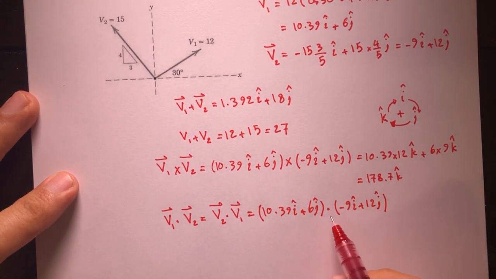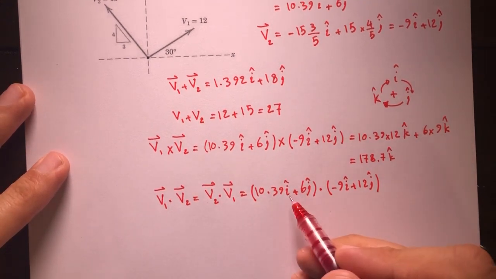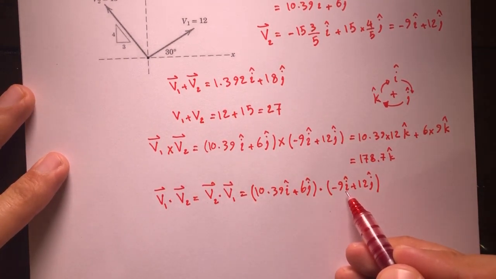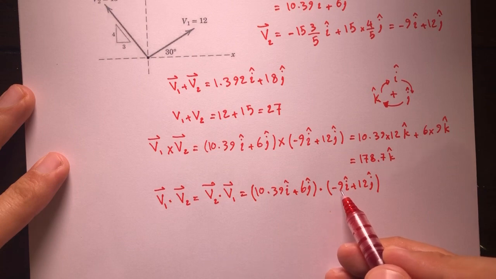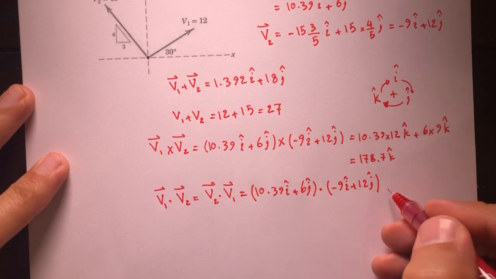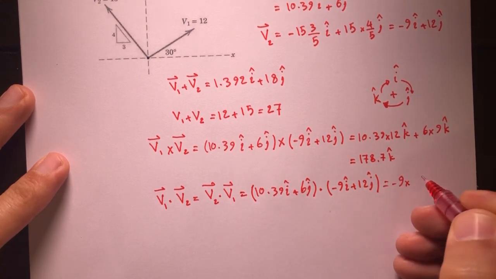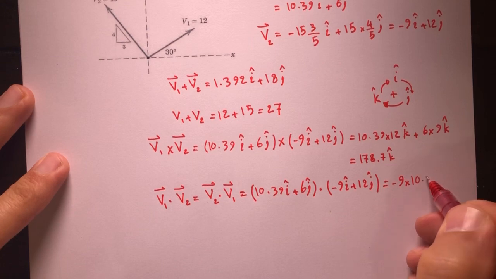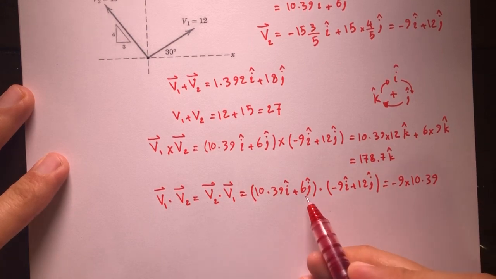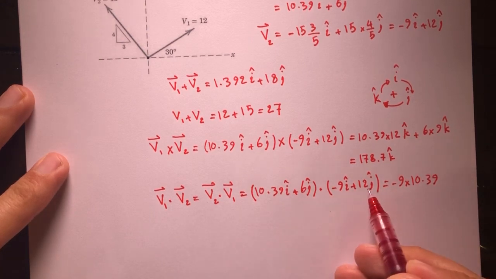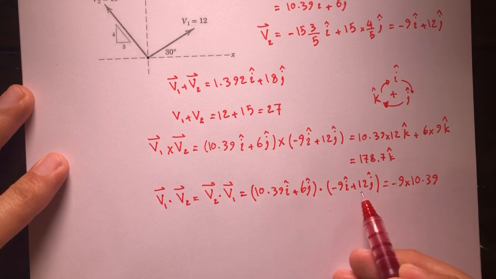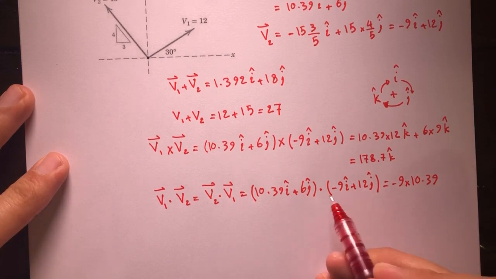Now we need to do dot products one by one. I dot I is 1, so I'm going to have negative 9 times 10.39. Then I dot j is 0. Dot product of two perpendicular vectors is 0.